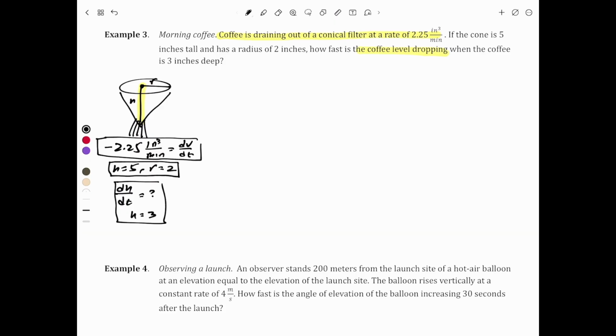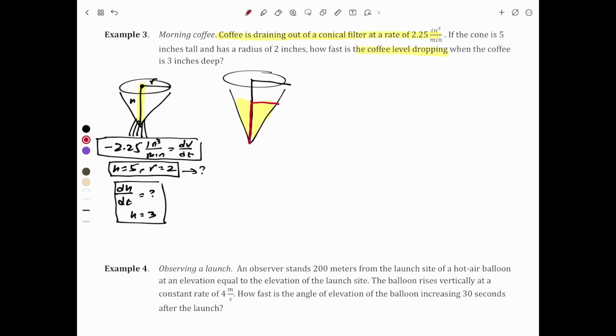I'm going to explain why they gave us this information. If you can imagine this cone, we've already explained it's got a height of 5 and a radius of 2. I'm not going to write those numbers, but I'm going to establish that's 5 and 2. Now, as the coffee flows out, it has flowed down to the point where the coffee is 3 inches high in the filter.